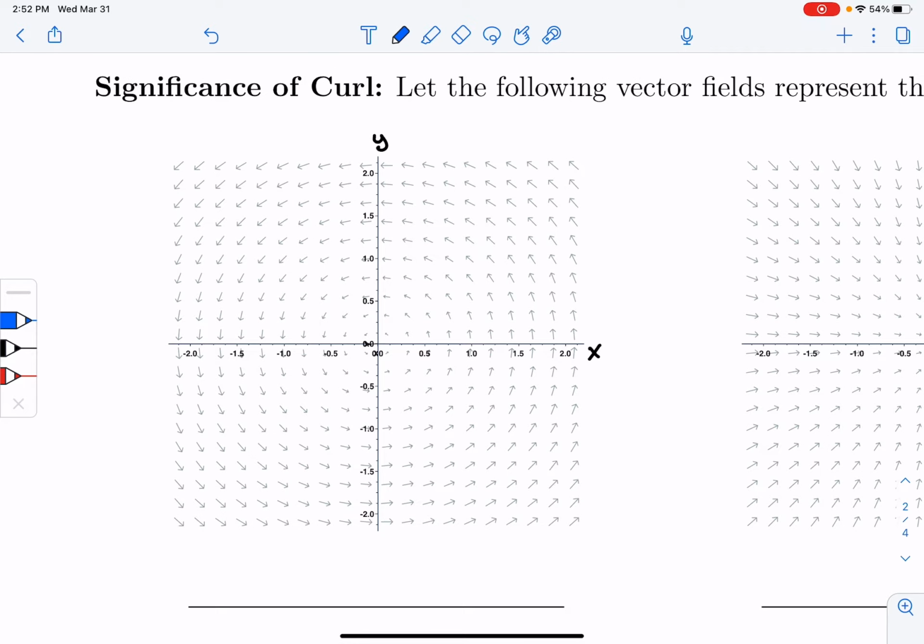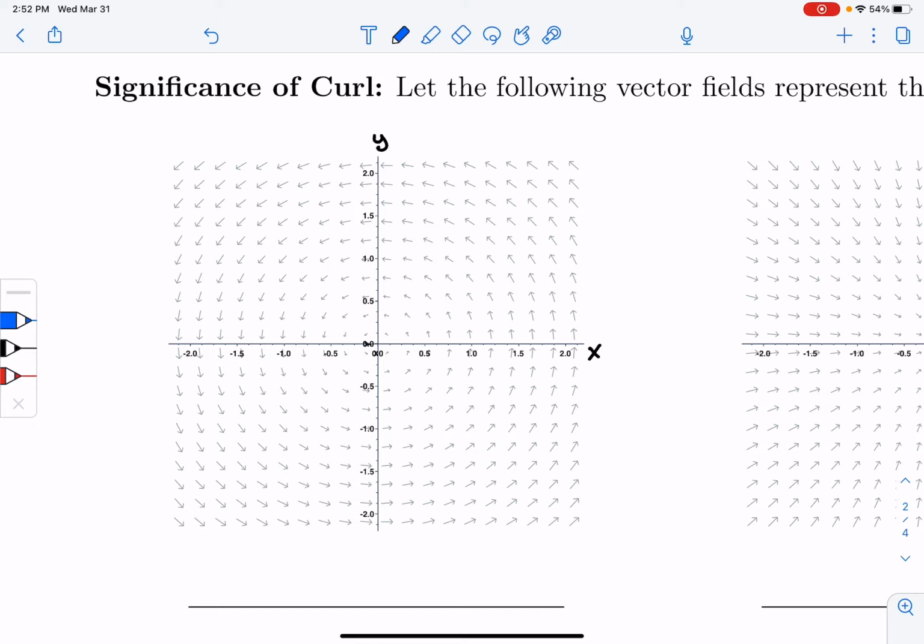So the curl is actually going to represent a measure of how much rotation around a point we see at that point. So how much rotation we see in this fluid.